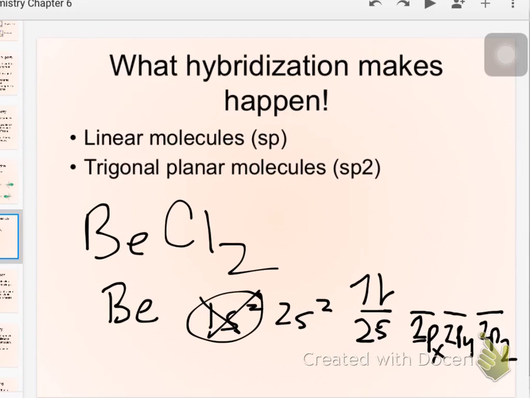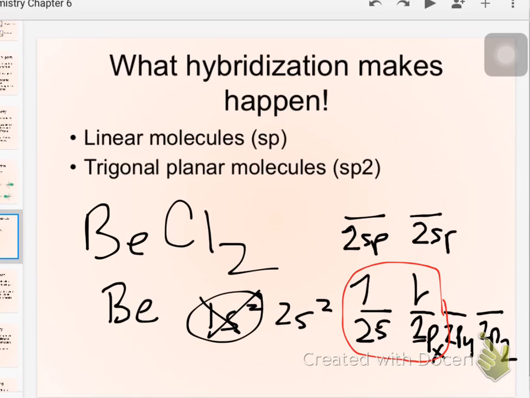So if beryllium splits up these electrons and hybridizes, let me change colors on this, these two, and so now we have a 2sp, 2sp.